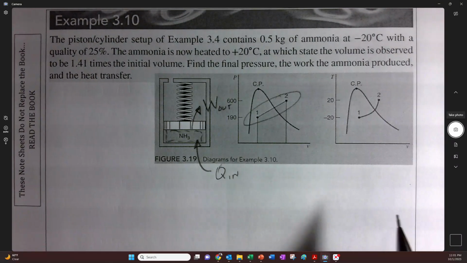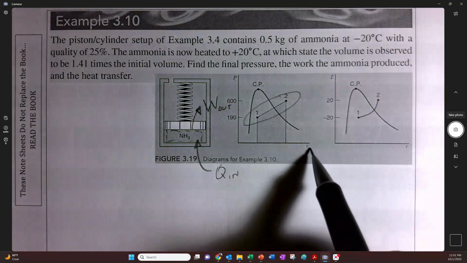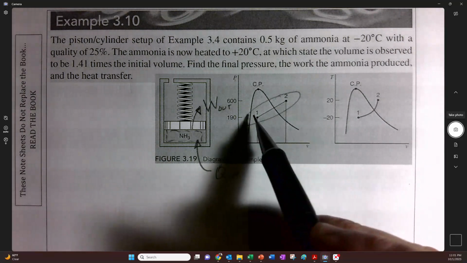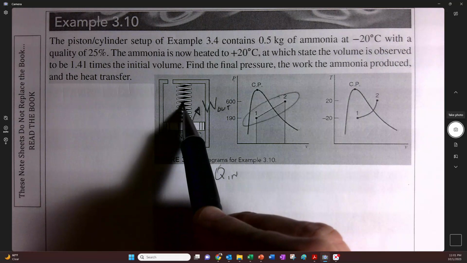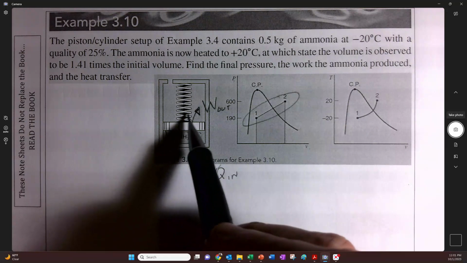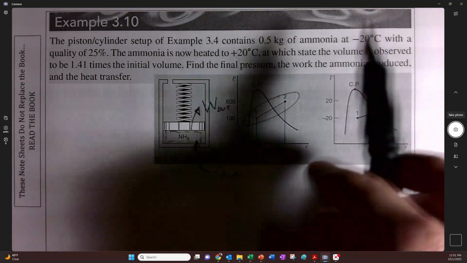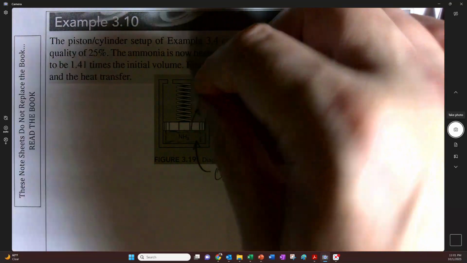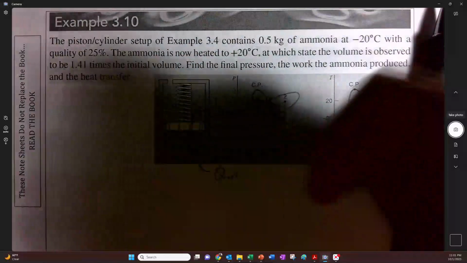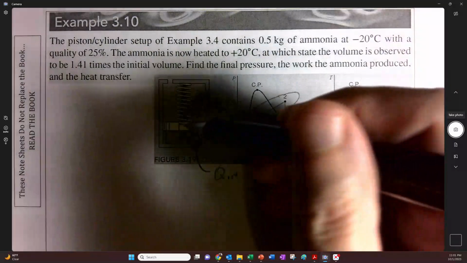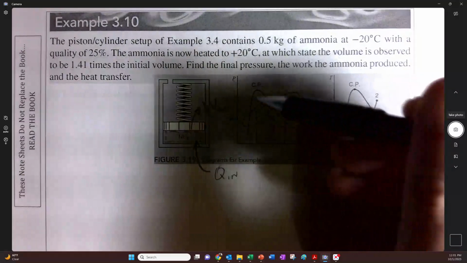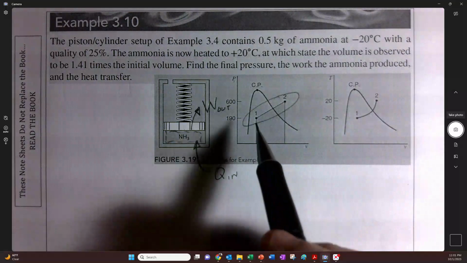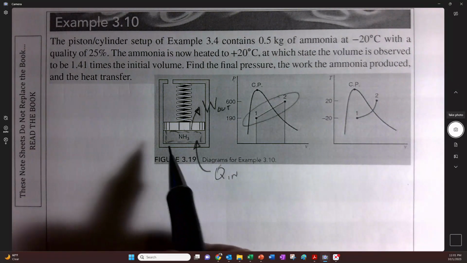But when it comes to pressure and volume, that's how we know it has a straight line: the spring's pressure is related to its force, and when it gets smaller and smaller, it's going to increase the amount of force in a linear manner. And of course, the pressure is just that force divided by that area. So that's how we know it's a linear type of distribution.